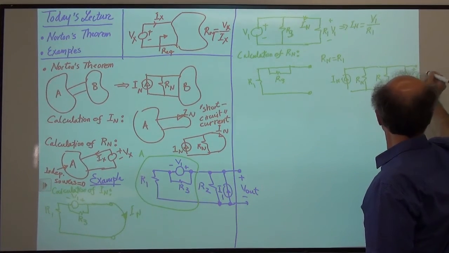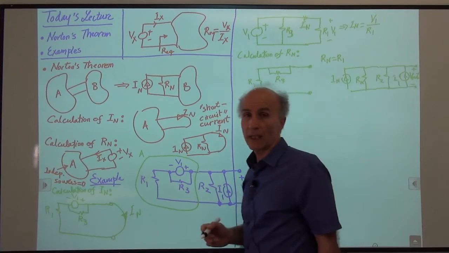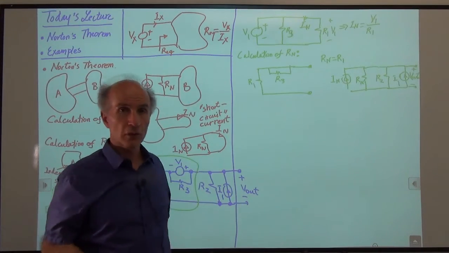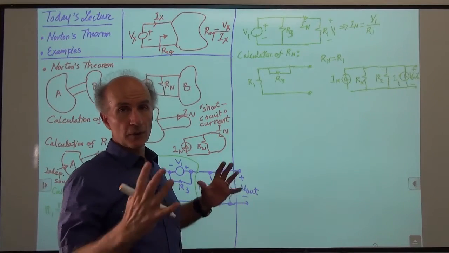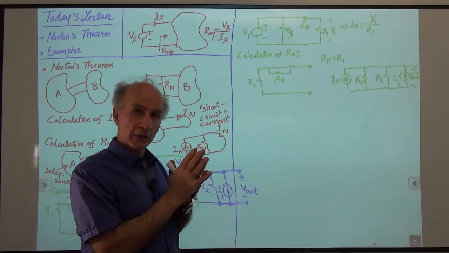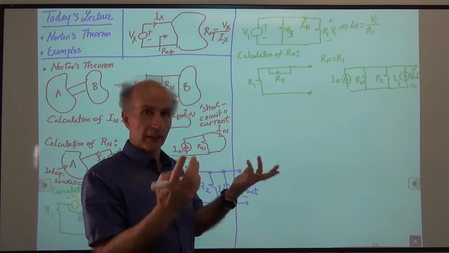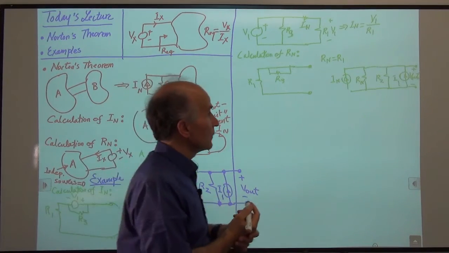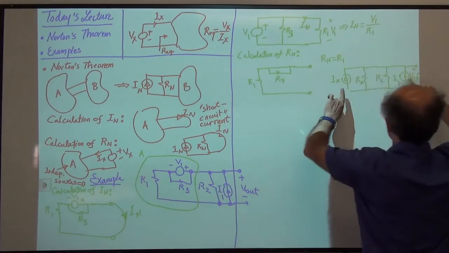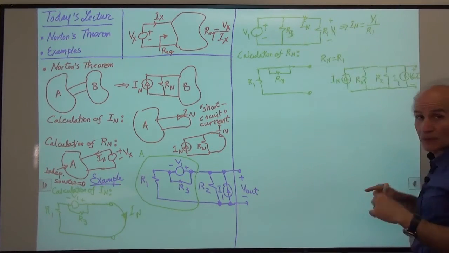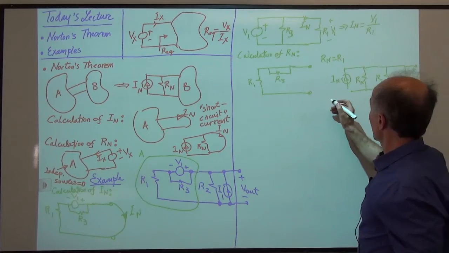Can I find V out right away? Sure, I have two current sources whose values add because they're in parallel, and then I have two resistors in parallel, so I just put them in parallel to calculate the parallel result. So what I have is these two current sources are both pointing upward, so they're going to add. So the net result is this.